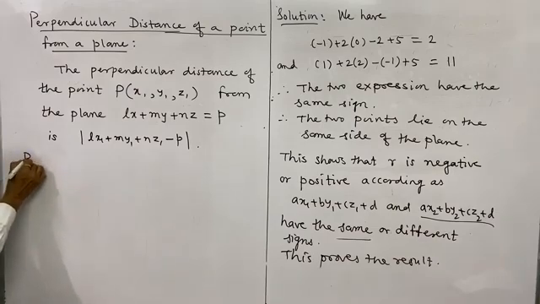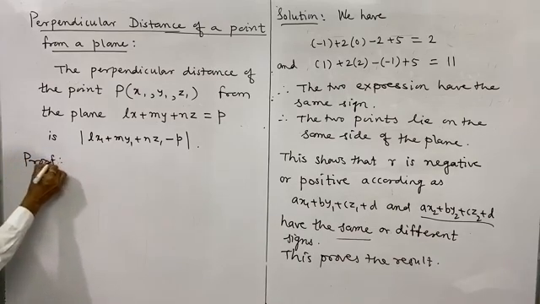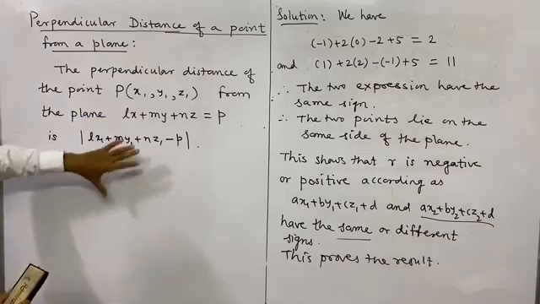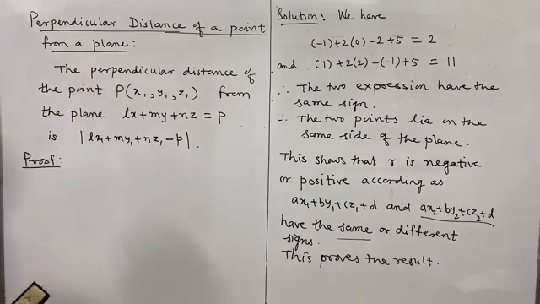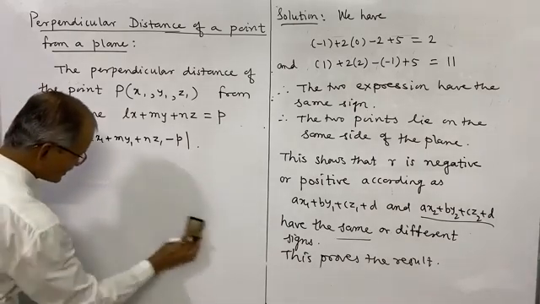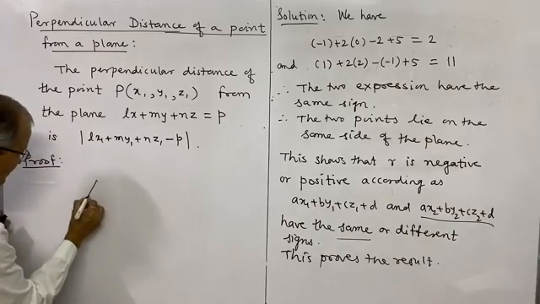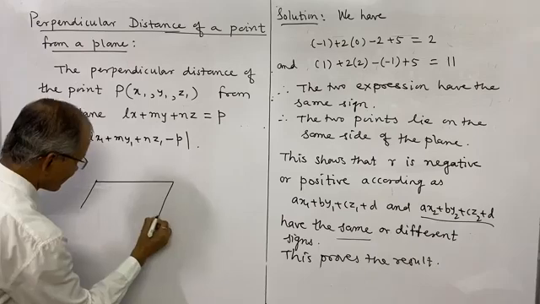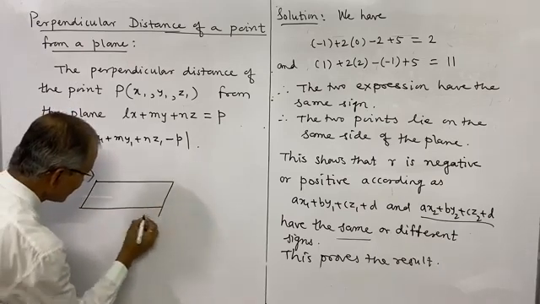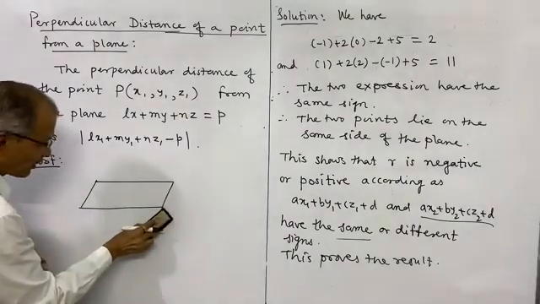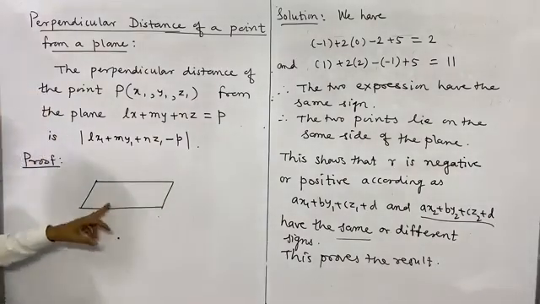Now the proof for this result. First we will see the meaning of the perpendicular distance of a point from a plane. Suppose this is the plane that is given, and here is a point P, and we want to find the perpendicular distance of this point from this plane.